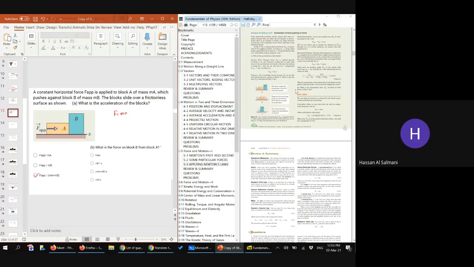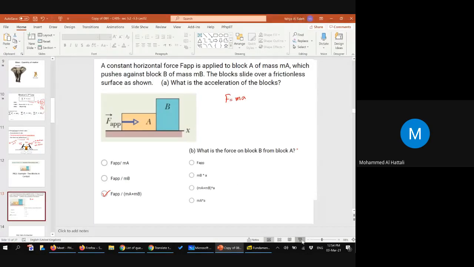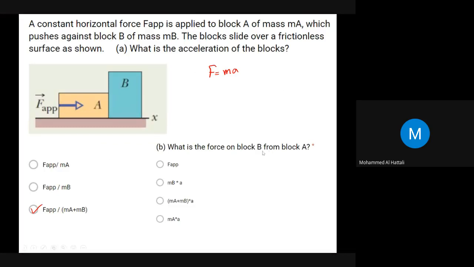The sum of the masses multiplied by A? Layal says second. Mariam says third. First. Last.